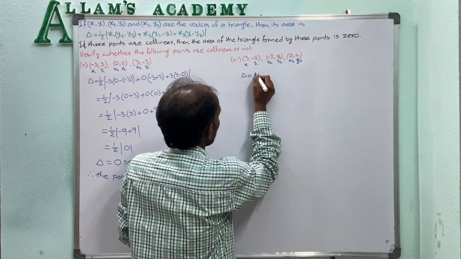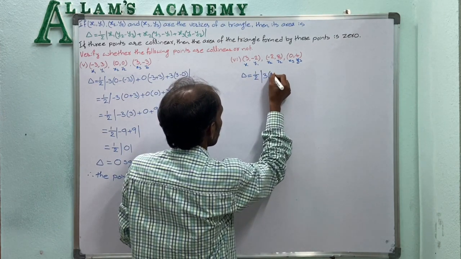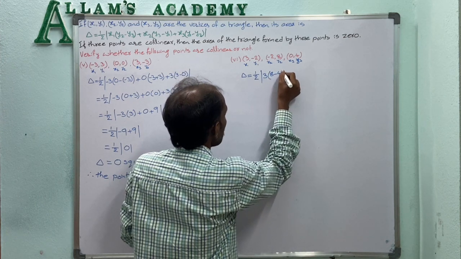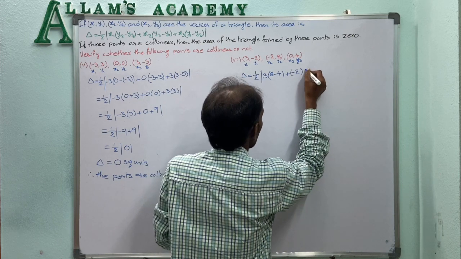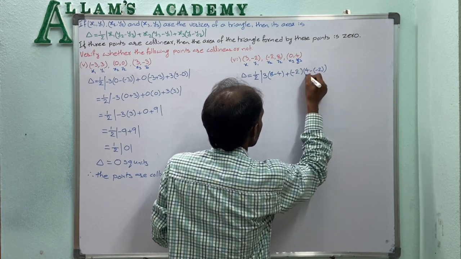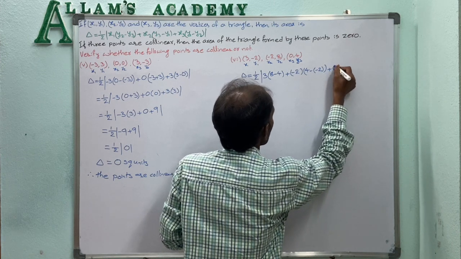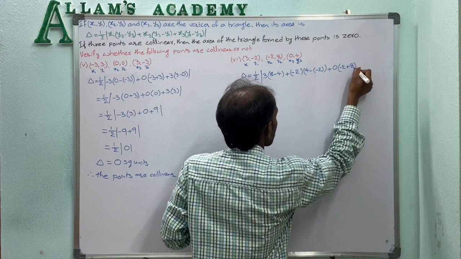So that equals half mod x1, 3, into y2 minus y3, 8 minus 4, plus x2, minus 2, into y3 minus y1, 4 minus 3, plus x3, 0, into y1 minus y2, minus 2 plus 8.